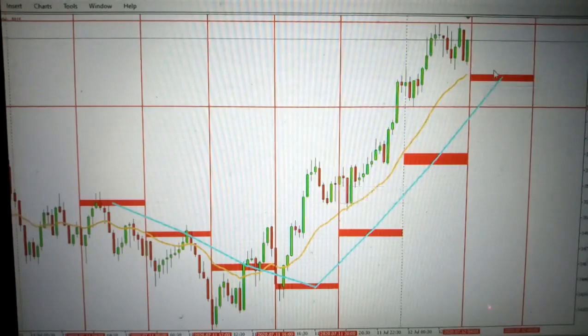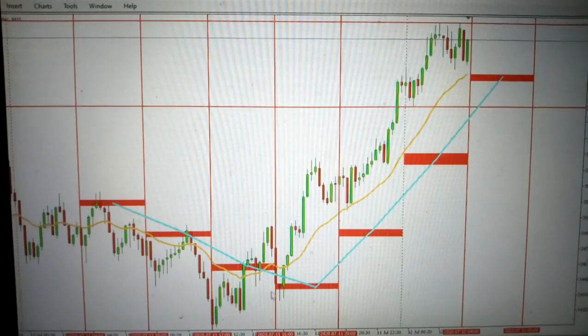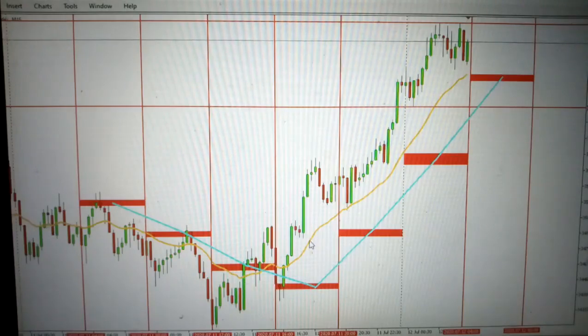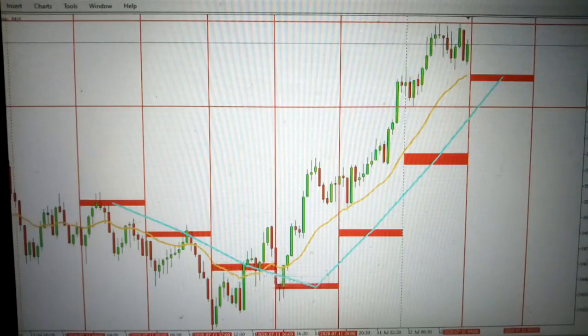It's currently rising, and the idea about this strategy is that if the gold colored 21 moving average crosses above my cyan colored trend line, then I have a reversal or a retracement, just like what happened here.